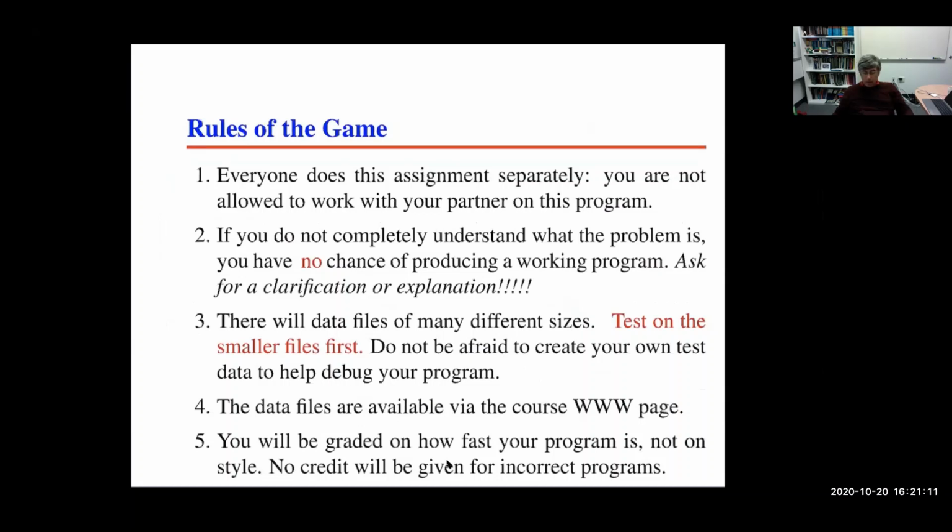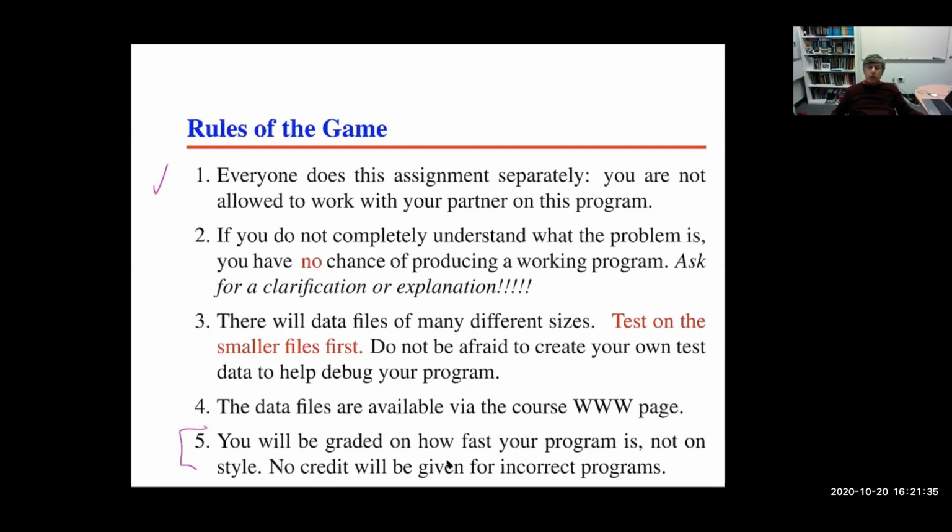Your job is, each one of you has to write an algorithm, implement it to solve the bandwidth problem. Read a graph in, and return a permutation which has the minimum edge length for that graph. You will be graded on how fast your program is.